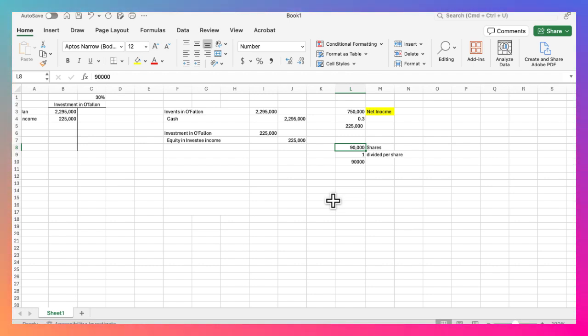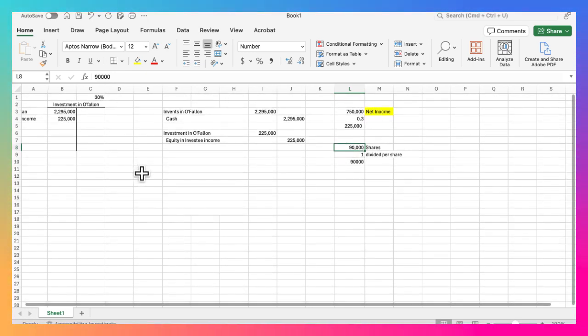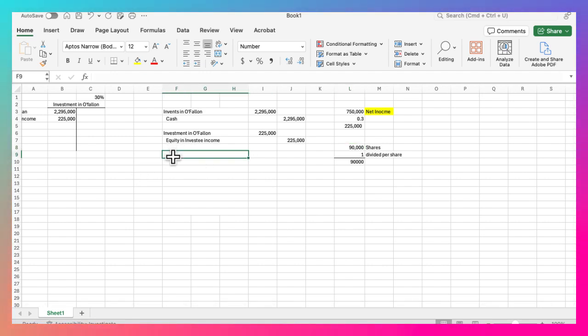But because they specified the number of shares that we actually hold, that's the amount of our dividend.